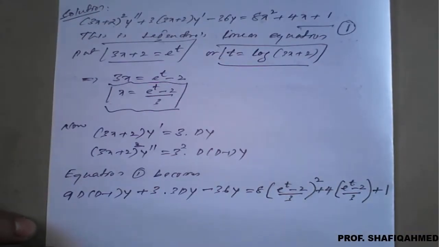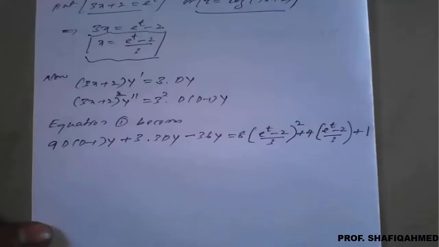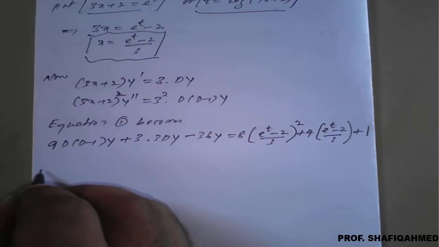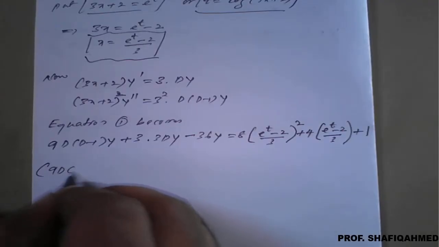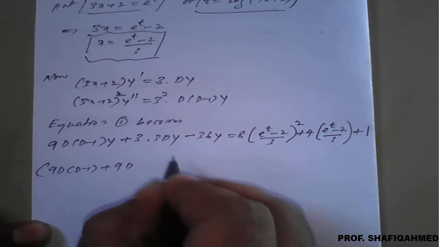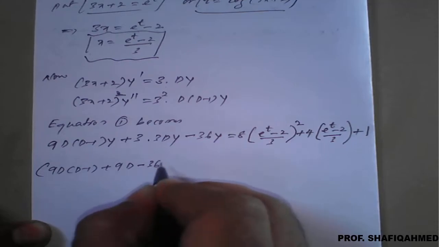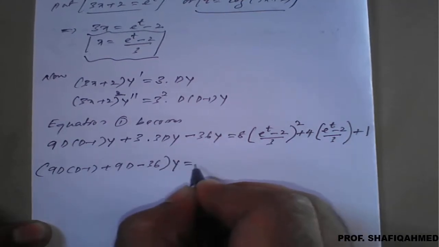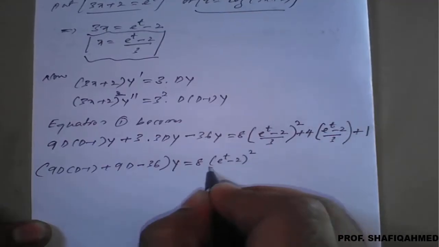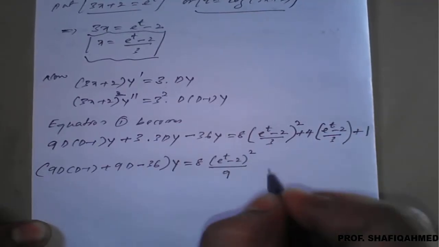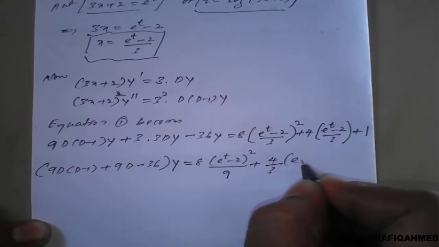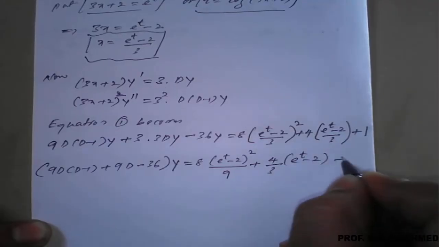Okay, right hand side, be careful. So simplify on both sides. On the left hand side, 9D(D−1) plus 3, 3 threes are 9D, minus 36y, is equal to 8 times (e^t − 2)² divided by 3², which is 9, plus 4 upon this 3 into (e^t − 2), plus 1.